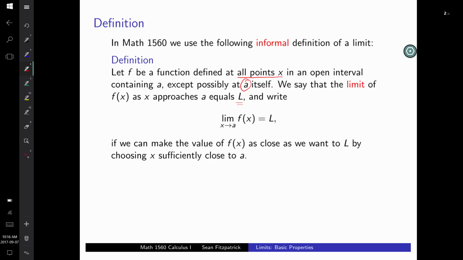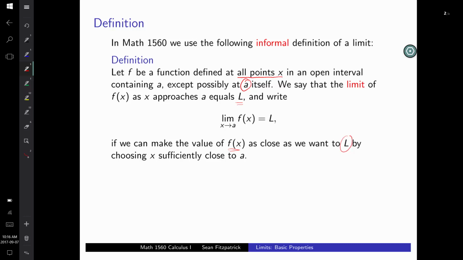It's a value, like a y value, and we say that the limit equals L if we can make the values of f of x, the outputs, the y values for our function, as close as we want to this number by choosing a value of x that is sufficiently close to this number a. Basically, if you squeeze in close enough, bring x close enough to a, the y values are going to get in as close as you want to this number L.